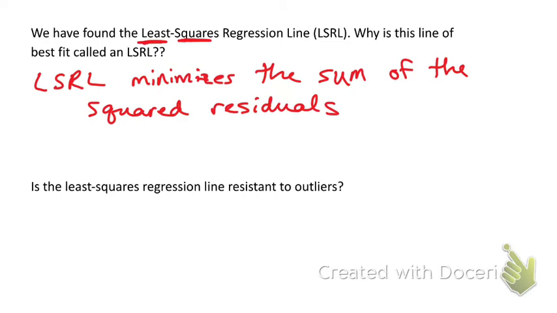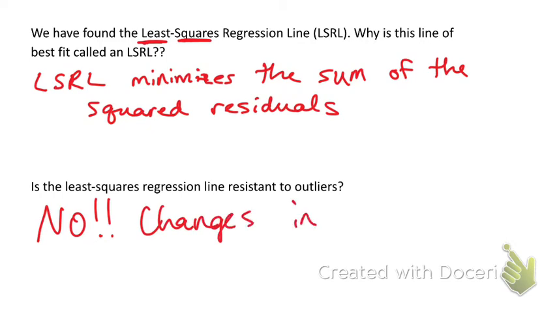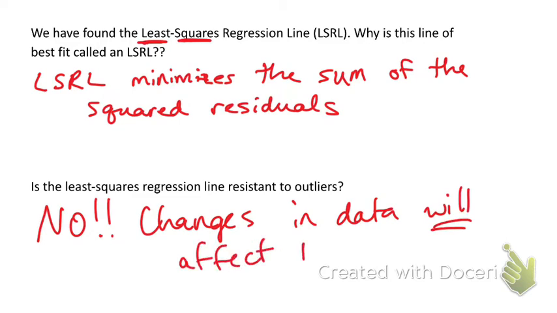If I start moving data points, it's going to start tipping that line all over the place. So is the least squares regression line resistant? No. Changes in data will affect the LSRL, least squares regression line, which minimizes the sum of the squared residuals.